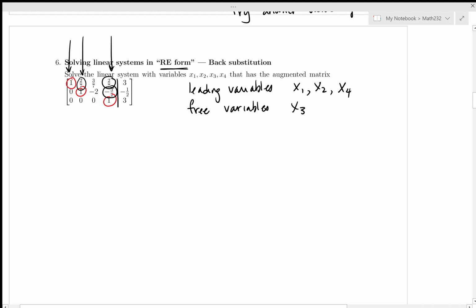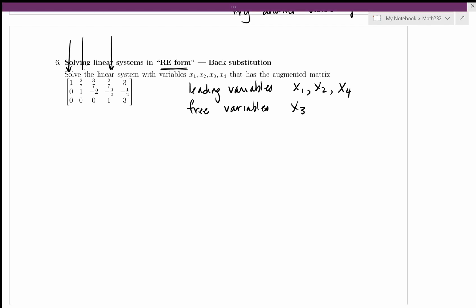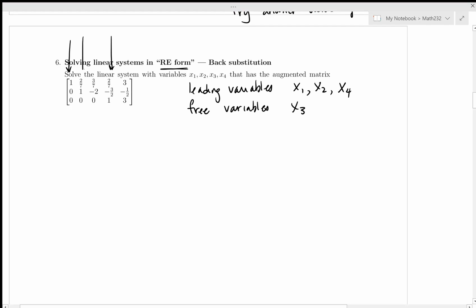Okay, so then we start at the bottom, and I think I'm going to erase this just so I can refer to it again. We start here with row 3, and we see what row 3 tells us. Row 3 right here tells us, this is an augmented matrix, that x4 is equal to 3.